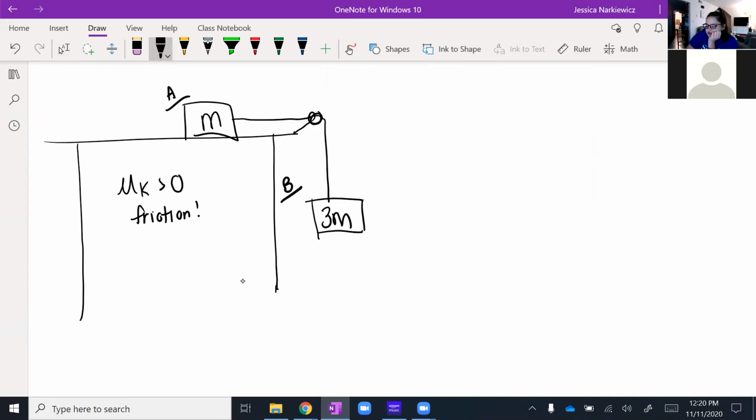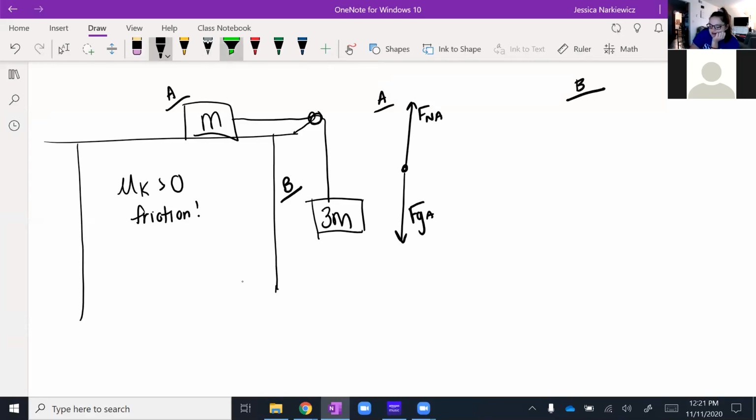So if I was to draw the free body diagrams for those objects individually, my free body diagram for A, which is the block on the table, would have a force of gravity and a normal force. Actually, let me label this F_NA and F_GA.